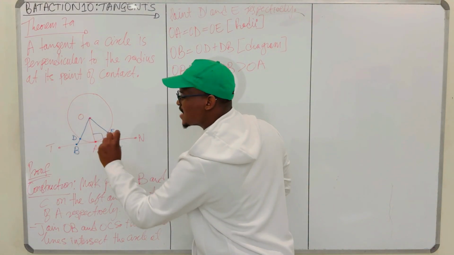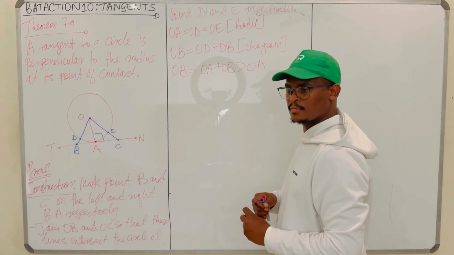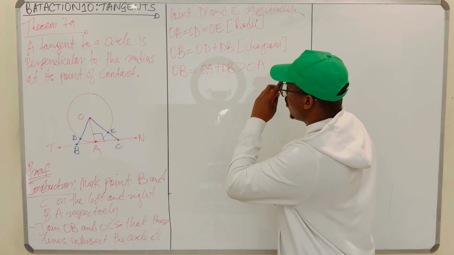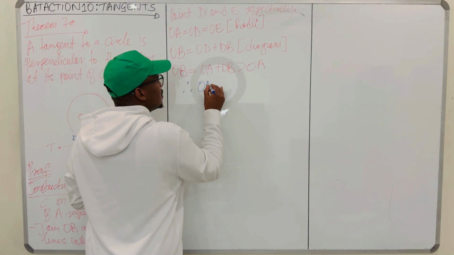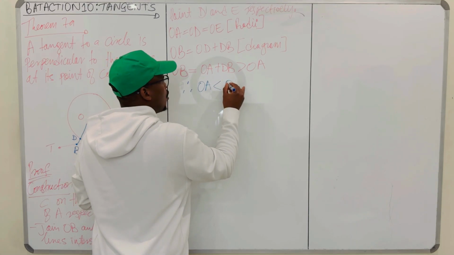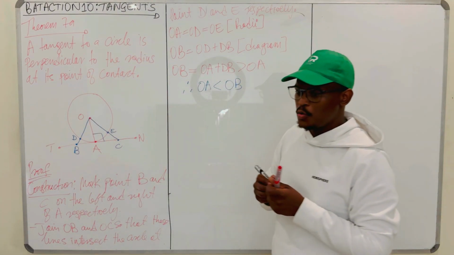So it will be OA plus whatever. Therefore, your OA is less than OB. Do you agree with that?